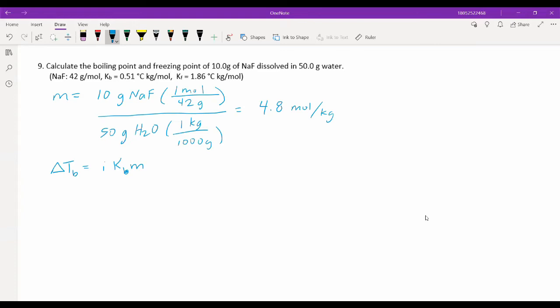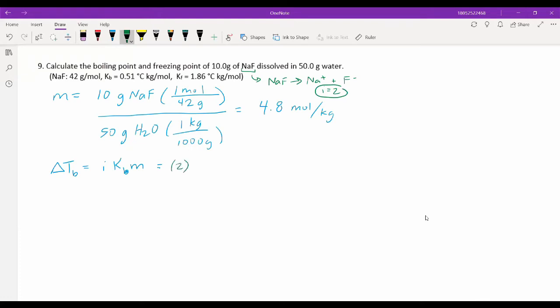So when we plug these numbers in, the i value, the van 't Hoff factor, is only relevant if it's ionic. And if we remember from strong electrolyte ideas, this being a salt and a strong electrolyte will dissociate into 2 ions. So therefore, we have an i value of 2.